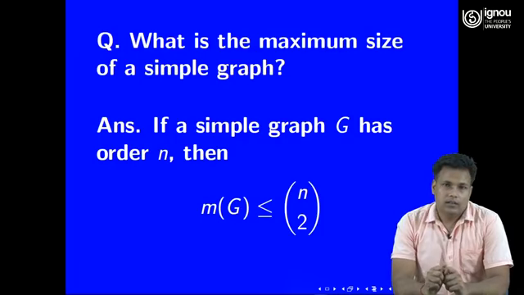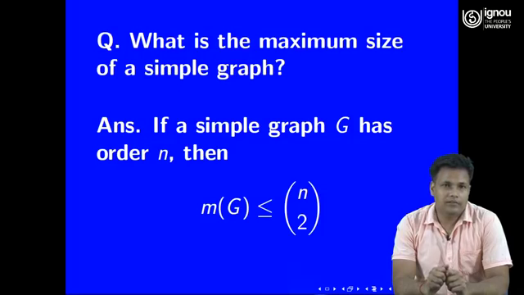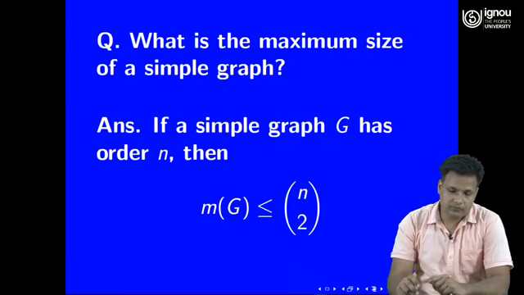Since there are n choose 2 pairs, that is nC2 pairs, the number of edges in the graph is at most nC2. That is, nC2 is the maximum size of a simple graph having n vertices.